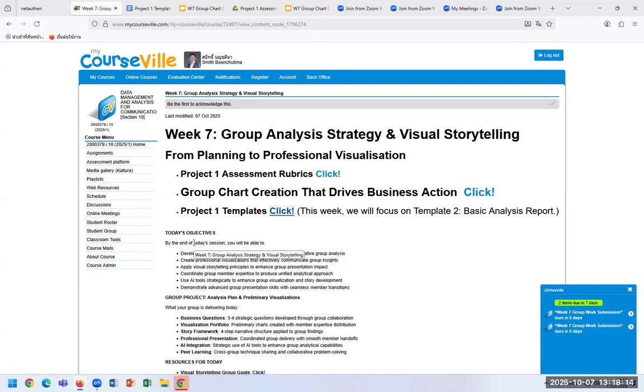So in this session, the course structure will be like this: in the first 15 minutes, I will give the course introduction and the session introduction and give some lecture very briefly, just 15 minutes. And then we will have about 15 to 20 minutes for the presentation for template number 2, which is for week 7.